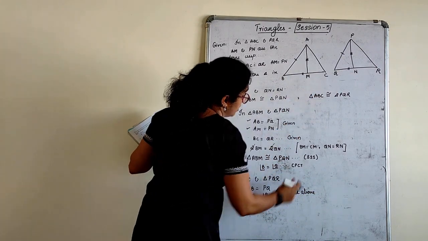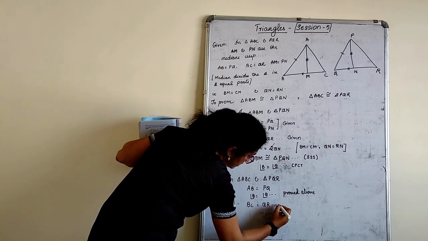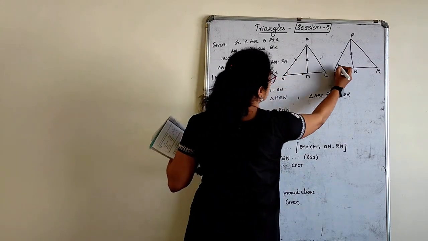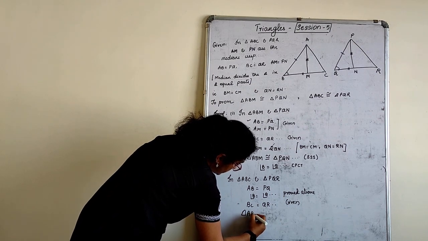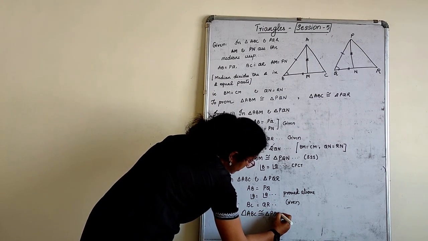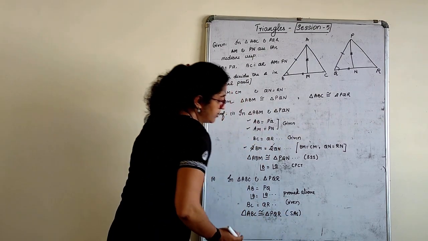Then BC is equal to QR, given. Which congruence rule? SAS. Triangle ABC is equal and congruent to triangle PQR by SAS congruence rule.